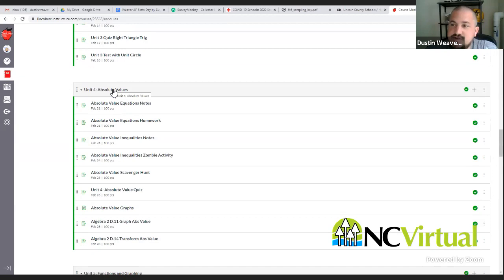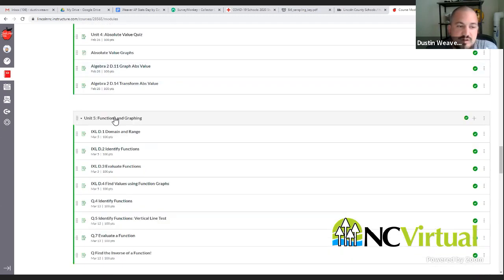Unit 4 was absolute value, so we talked about absolute value equations, absolute value inequalities, and then graphs as well. Unit 5 was functions and graphing, so we talked about all the different functions, like a linear function, a quadratic function, a cubic function, an absolute value function, all those different types of functions, and their graphs as well.